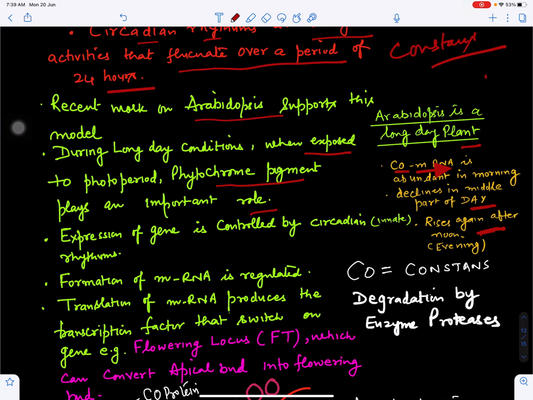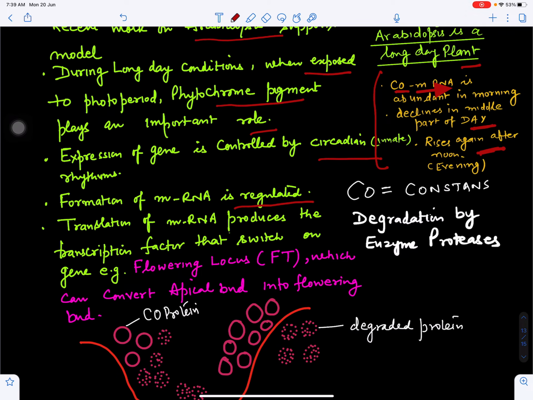So expression of the gene is controlled by circadian rhythm, and this formation of messenger RNA is regulated like we discussed here. Now this messenger RNA will help in production of the protein called constant protein. So when the messenger RNA is more in the evening, more of the constant protein will be synthesized in the evening.